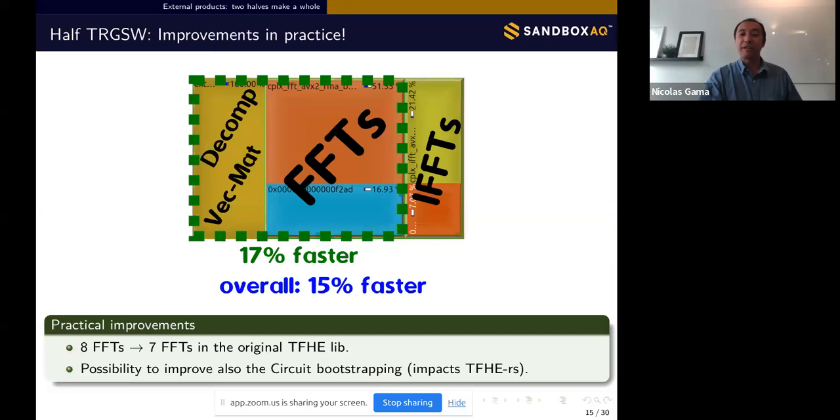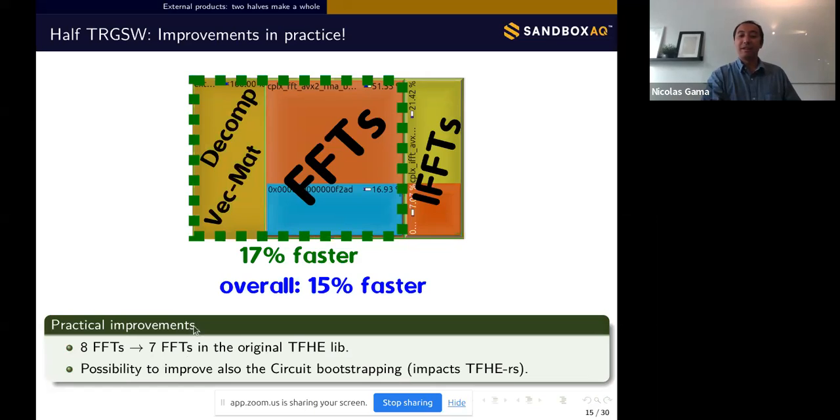So in practice, the first thing we did was to apply it to the original bootstrapping. In the original library, we managed to decrease the 8 FFTs to 7 FFTs per cycle.